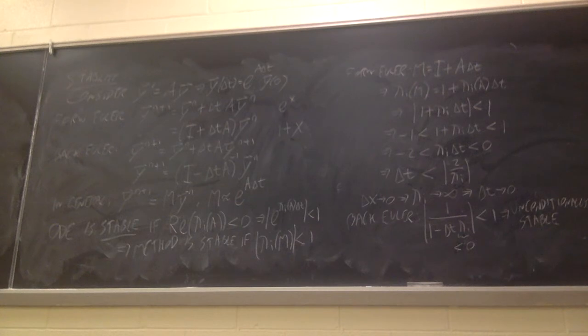So certain implicit methods have this property of unconditional stability. Not all implicit methods, like certain high order implicit multi-step methods, Runge-Kutta methods, those will still have some kind of stability restriction. But generally with implicit methods, you can get away with a larger delta t. And that's why I had a pro and con earlier, where yes, implicit methods have more expensive time steps, but you take fewer of them.